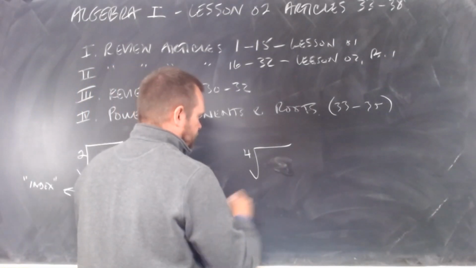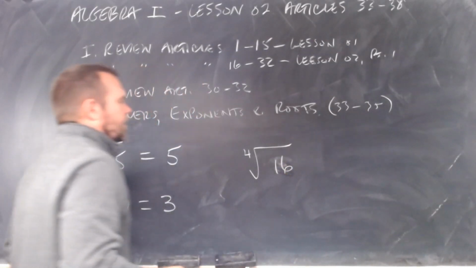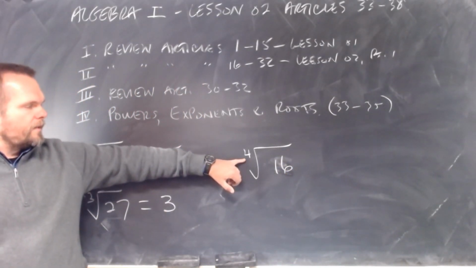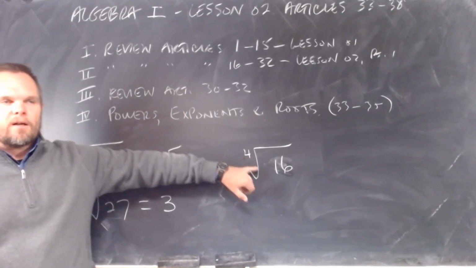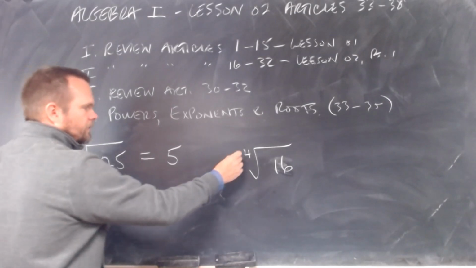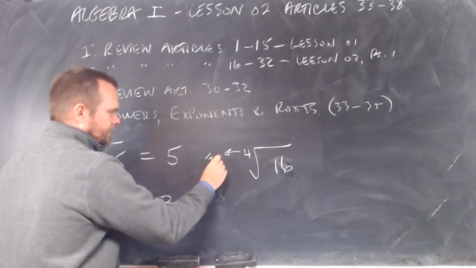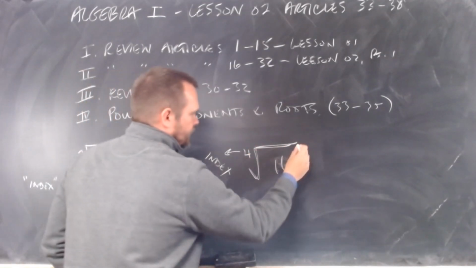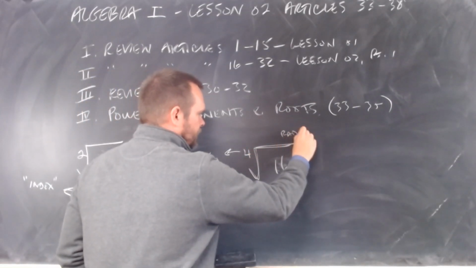Actually, put 16 in there. If I wrote this, I would say, what is the 4th root of 16? This little number is called the index. This symbol is called the radical sign.